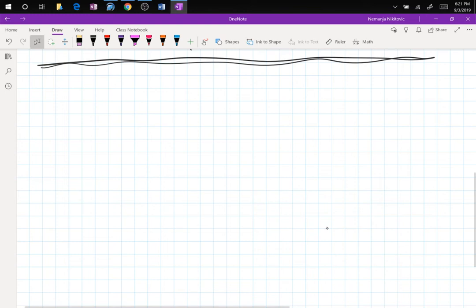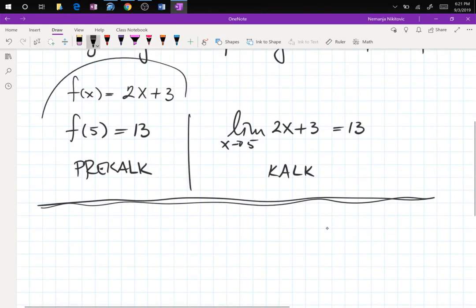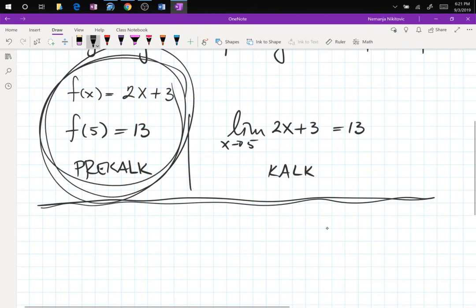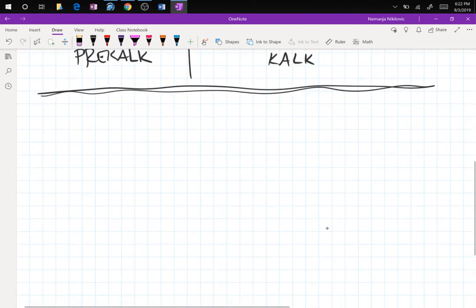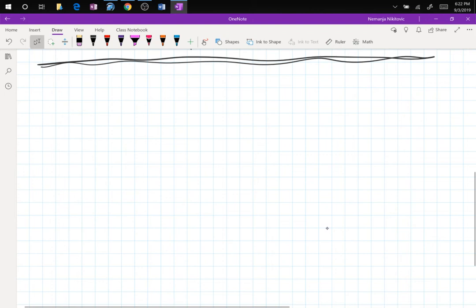Your precalculus is what computes y values and you move along. So this stuff here that you are used to, or algebra 2, whatever you learned this in, that is just computing the value and moving on with your life. Limits provide much more. And obviously, we would not have a different procedure for the same thing if it was exactly the same thing. So, what's so interesting about limits?